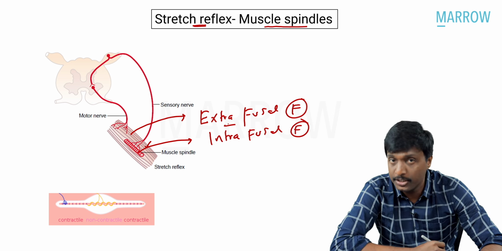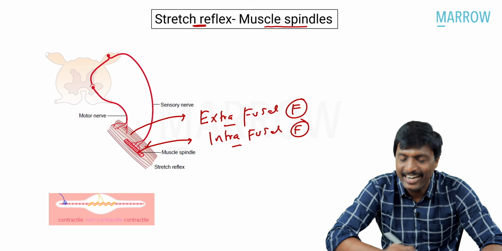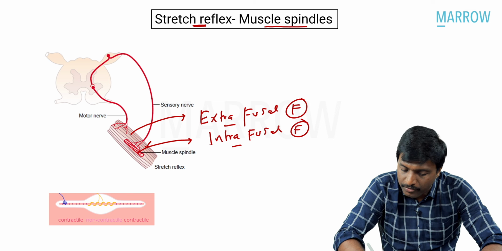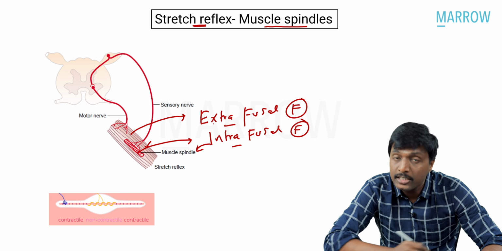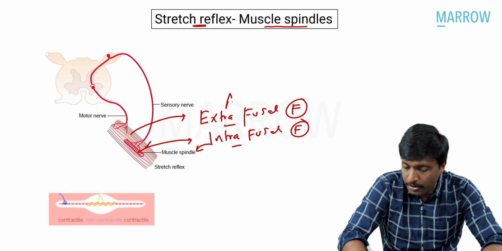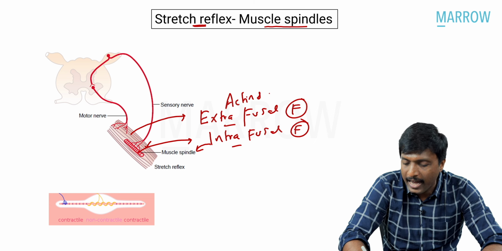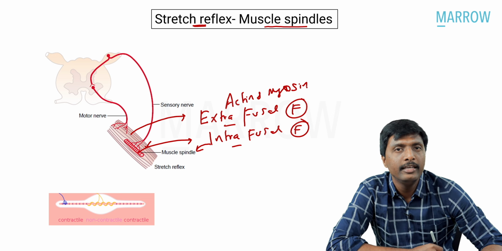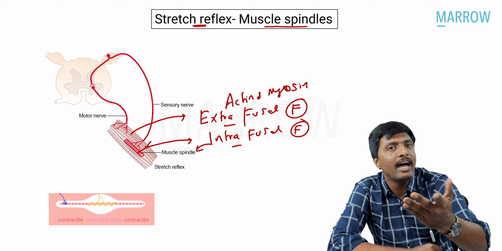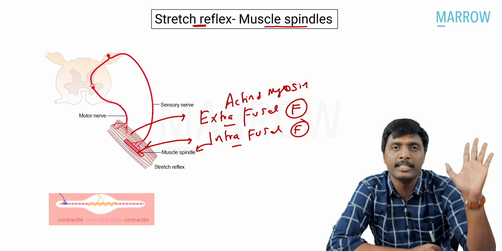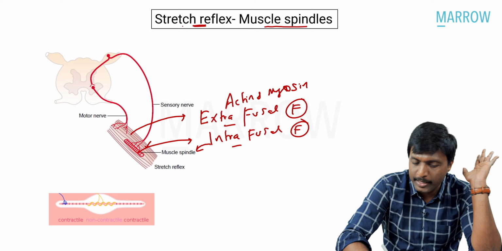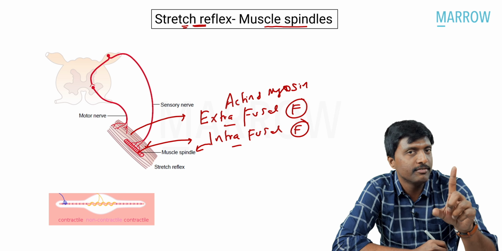Present outside, extrafusal; present inside, intrafusal. This intrafusal is my muscle spindle. Then what is this extrafusal, sir? These extrafusal fibers are our actin and myosin. Never forget. Extrafusal fibers are actin and myosin. Intrafusal fibers are muscle spindles. This muscle spindle plays a role in stretch reflex.